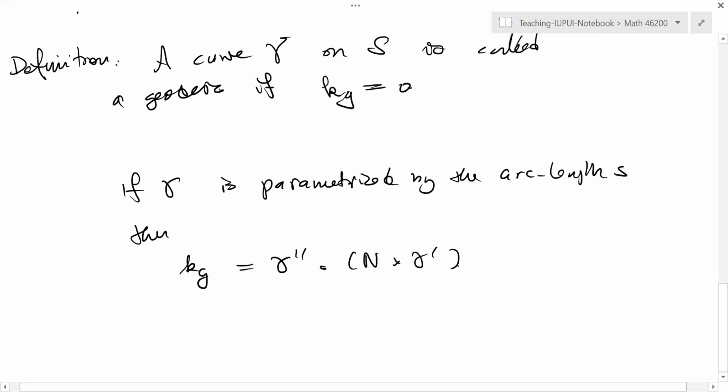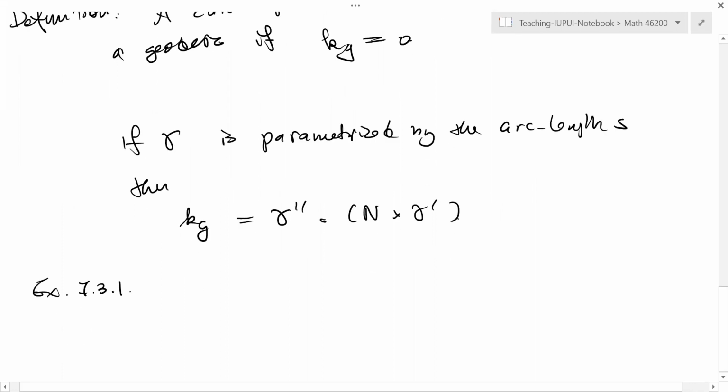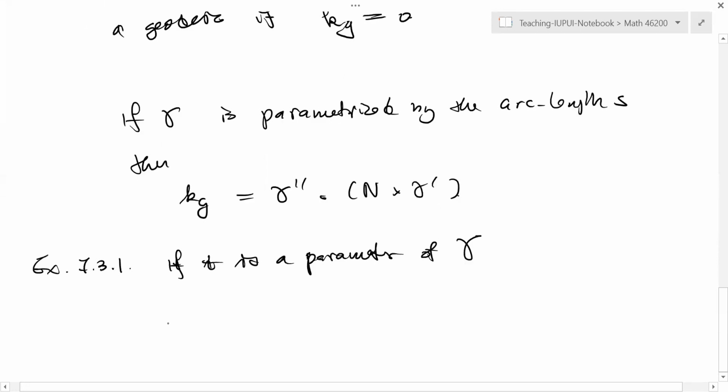Now, if it's not parametrized by arc length, this is exercise 7.3.1. I did not assign it to you, but that's a formula. In general, if t is a parameter of gamma, then it's not necessarily arc length.